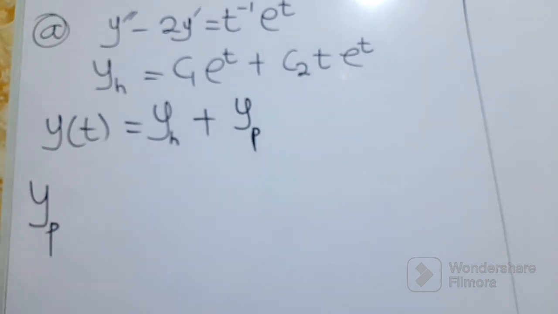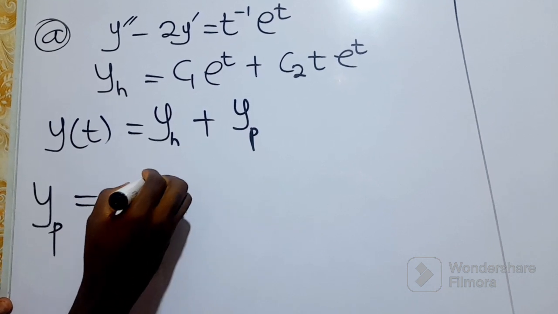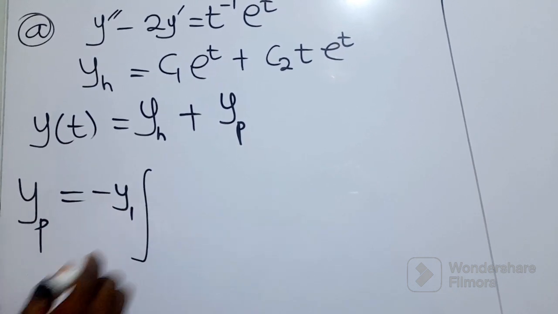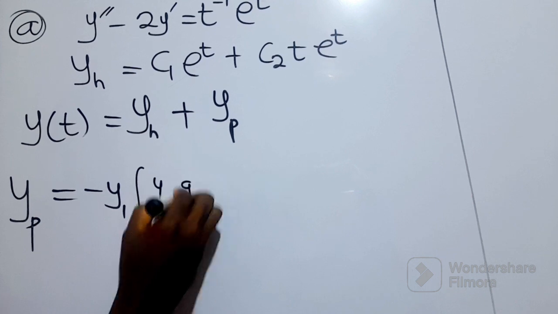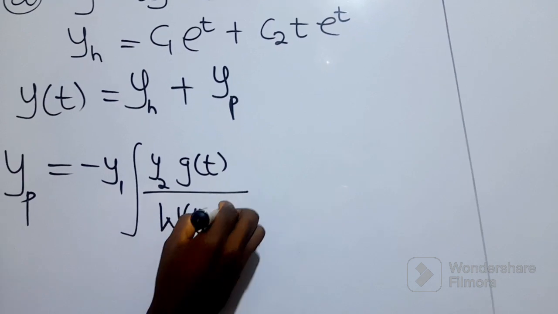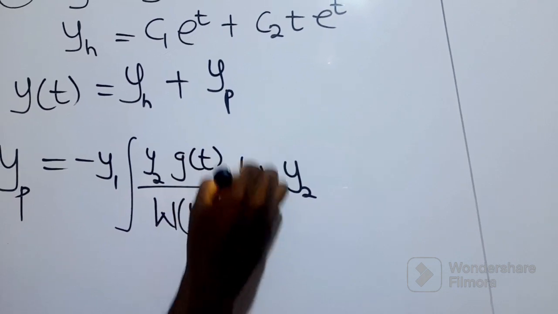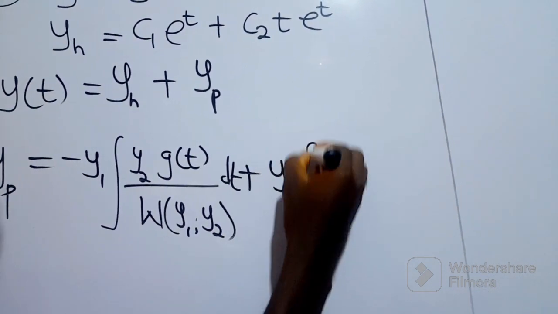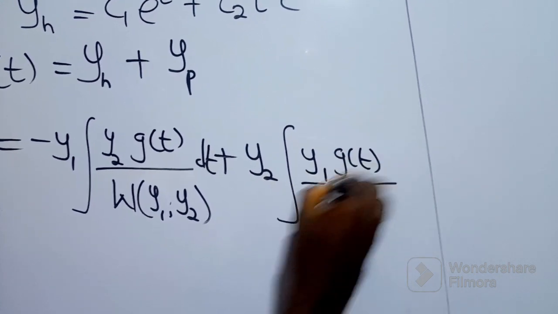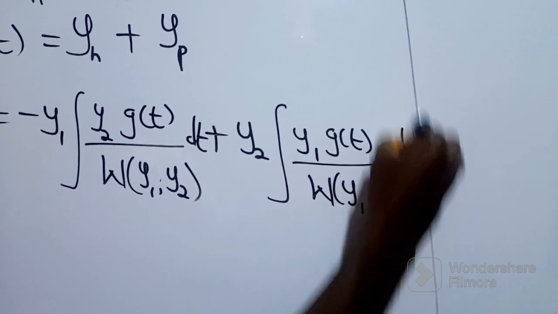From the method of variation of parameters, y_p is given as negative y1 times the integral of y2 g(t) over the Wronskian of y1 and y2 dt, plus y2 times the integral of y1 g(t) over the Wronskian of y1, y2 dt.